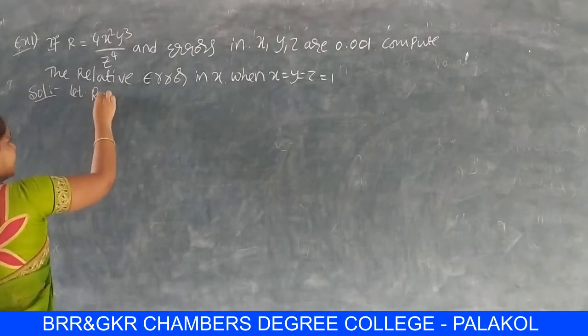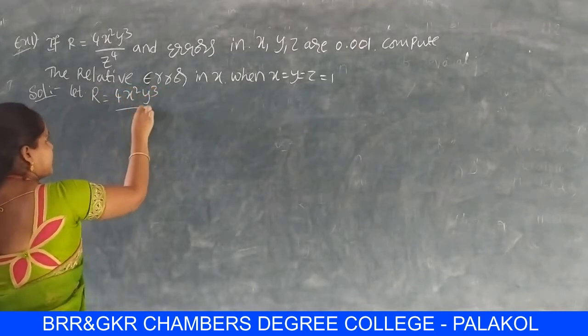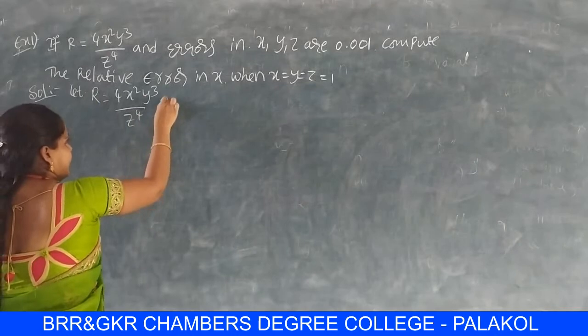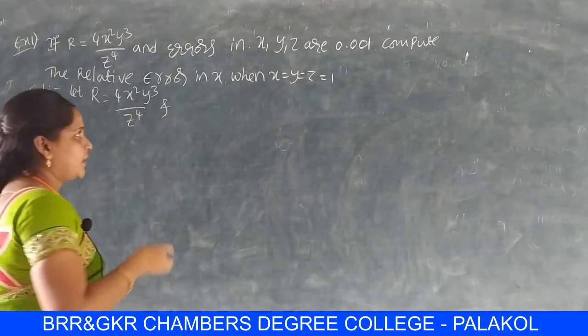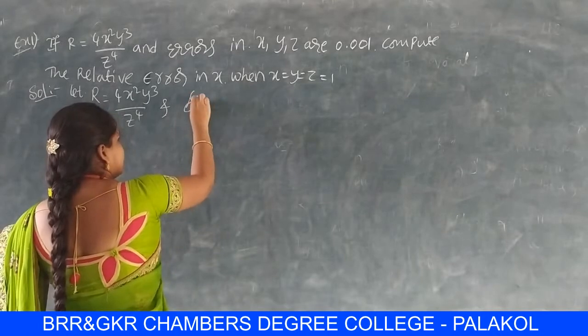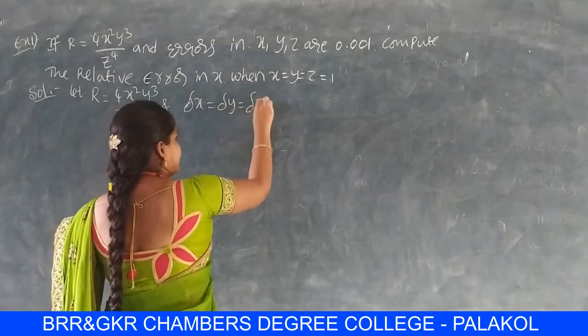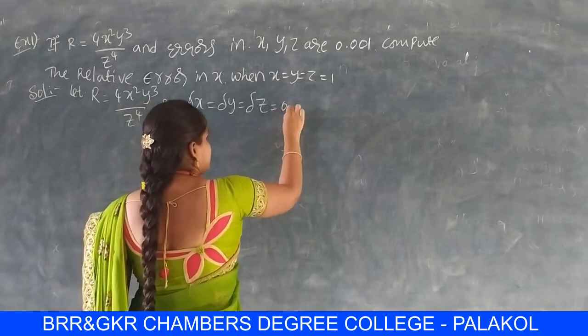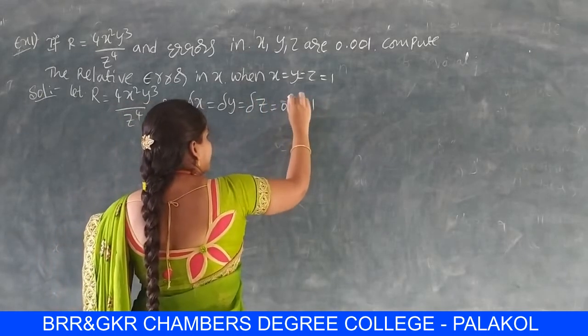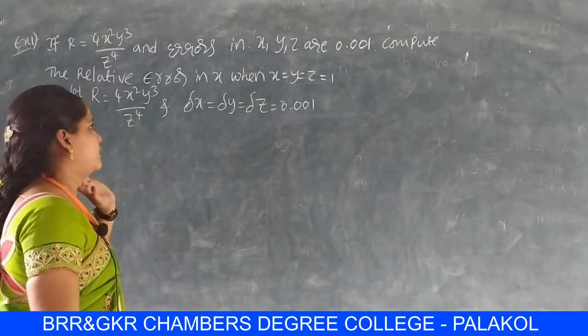Let capital R is equal to 4x square y cube by z power 4, and errors in x, y, z mean delta x is equal to delta y is equal to delta z is equal to 0.001.